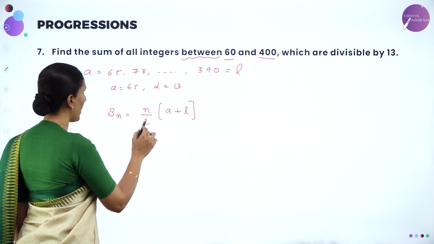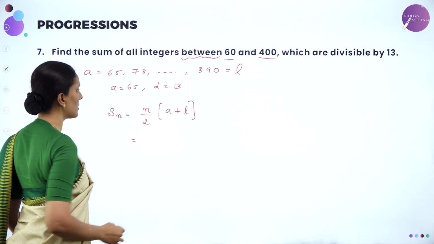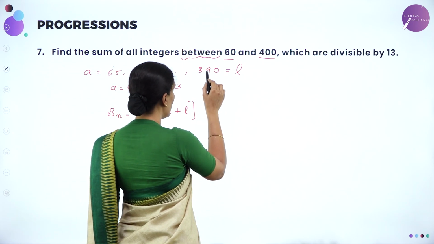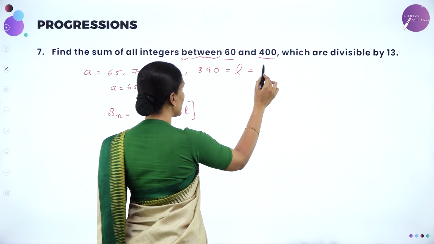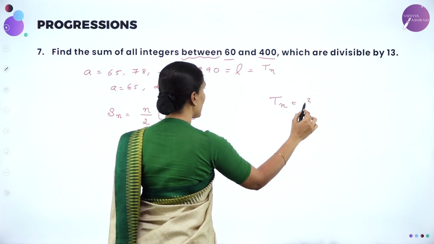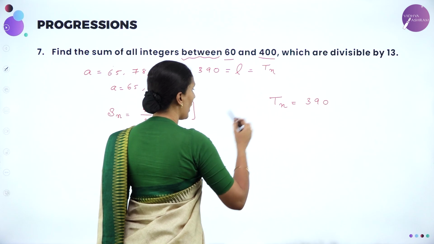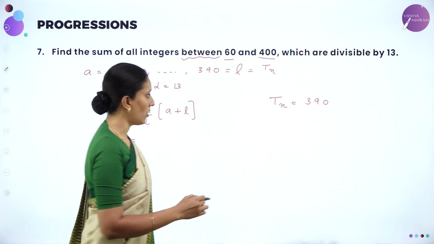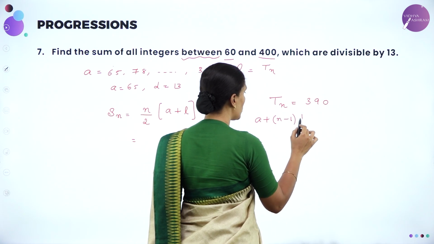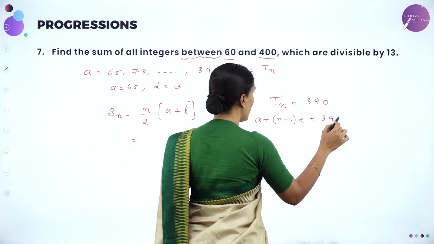So we have n by 2. We don't know the number of terms here. That number of terms can be calculated using Tn. The last term can also be considered as Tn. They have given the last term Tn as 390. Now n we don't know, we need to find out. But we know the formula: A plus n minus 1 into D is equal to 390.